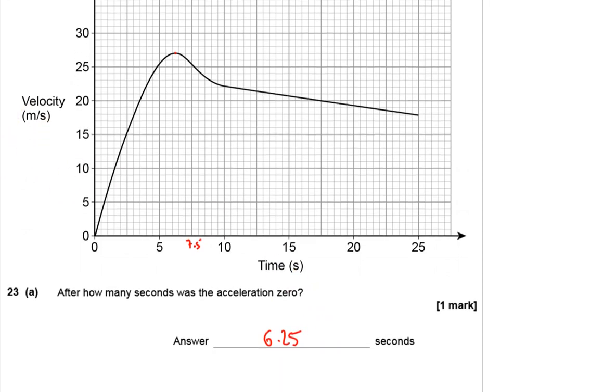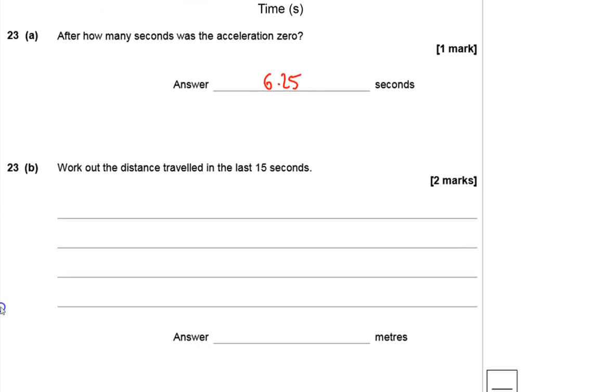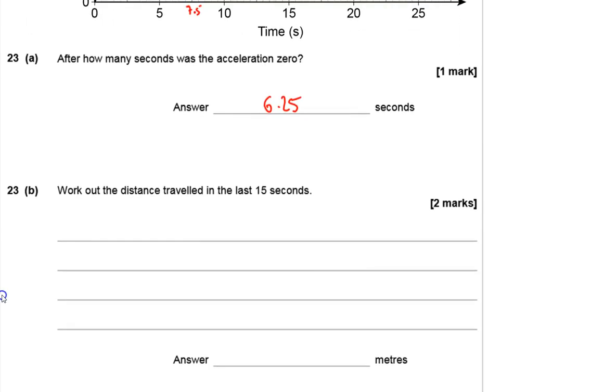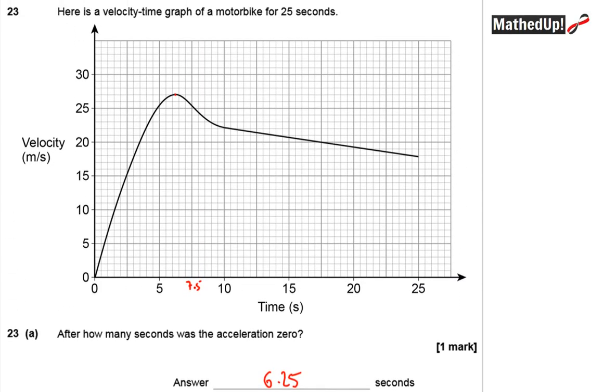Okay, part B says work out the distance travelled in the last 15 seconds. So in a velocity time graph, to work out the distance travelled, we need to find the area under the graph. So the last 15 seconds, that would be from 10 to 25 seconds. So we need to work out the area under this curve over here.